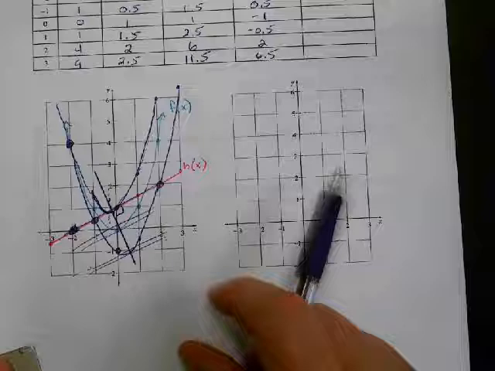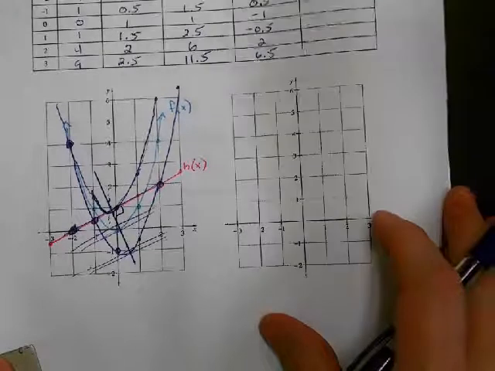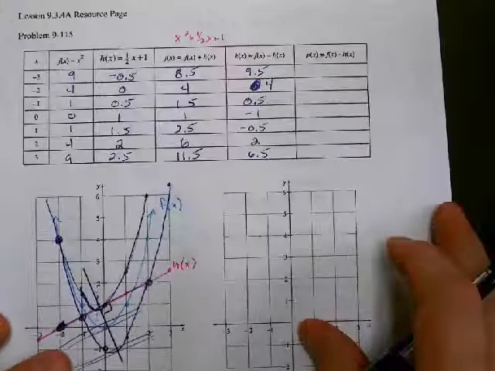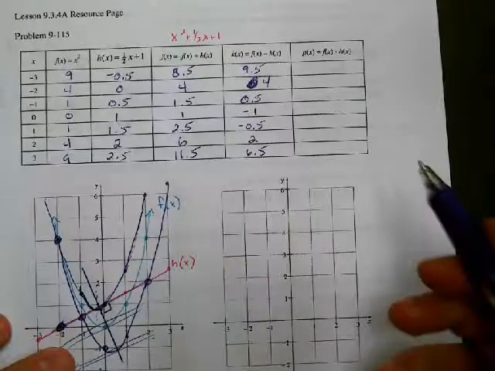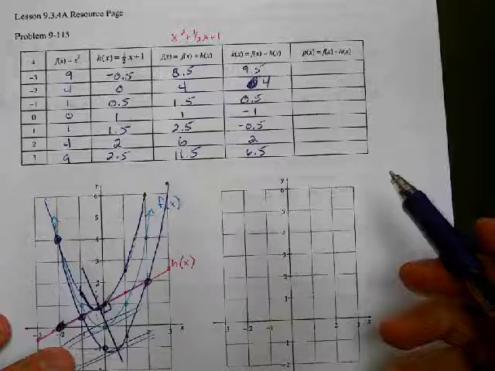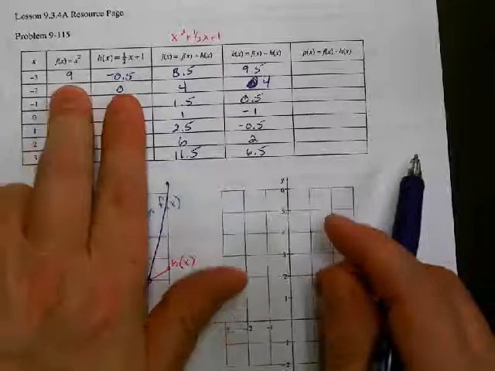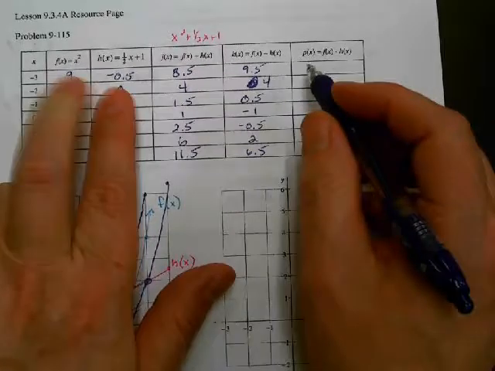Now we're going to multiply those. I didn't finish that, but let's just finish this up. All right, so now we're going to multiply them and see what happens when I multiply a linear equation with a quadratic equation. So I'm multiplying these two numbers. So 9 times negative 0.5, that's 9 times negative 1/2.